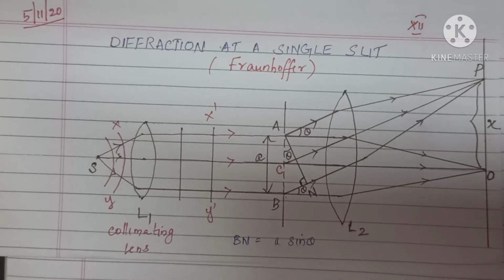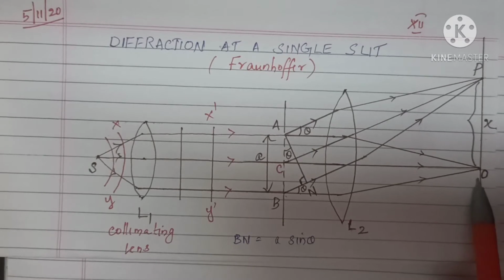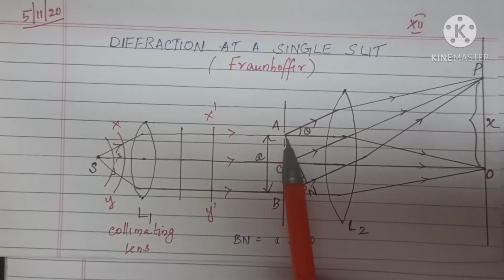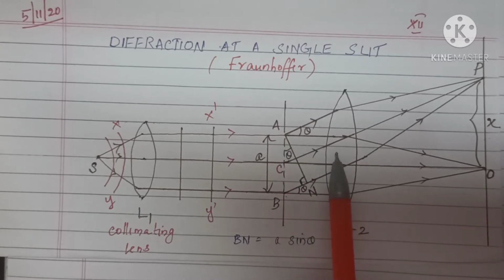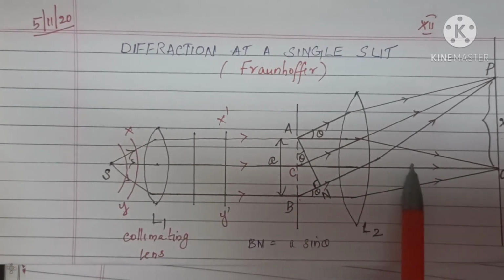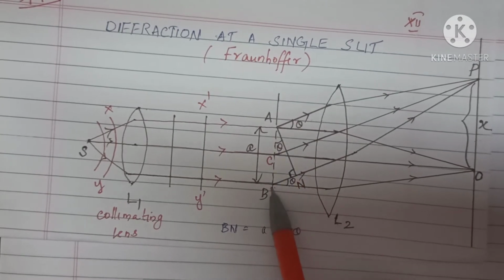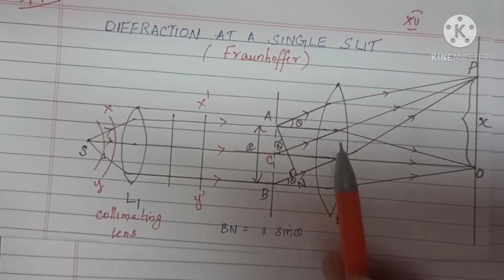So first we will discuss the central maximum point, which we obtain at the point O. From this point secondary wavelets will originate, and these secondary wavelets will travel in the direction parallel to CO, that is, in the direction of the incident ray. The path difference between the secondary wavelets from the corresponding points, from the upper point as well as from the lower point, is zero, isn't it? They start from the same position.